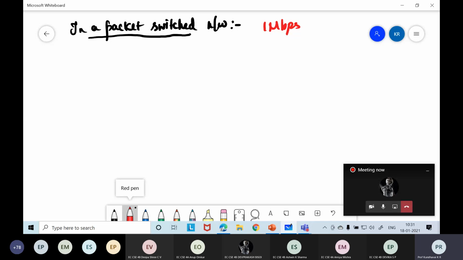In circuit switched networks, we saw how this 1 Mbps is divided and how many users can be there. But we can't arrive at a quick conclusion for packet switched networks, so we have to find the probability. The probability of one active user, as per the question, there can be 10 active users.